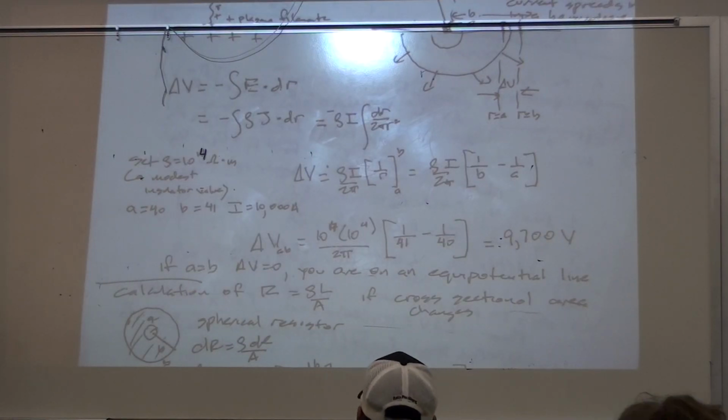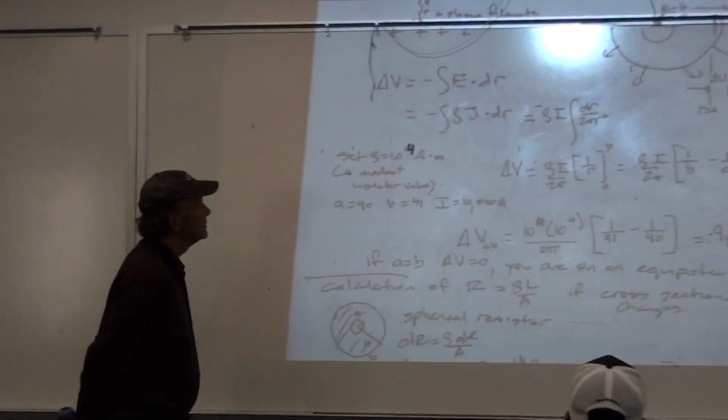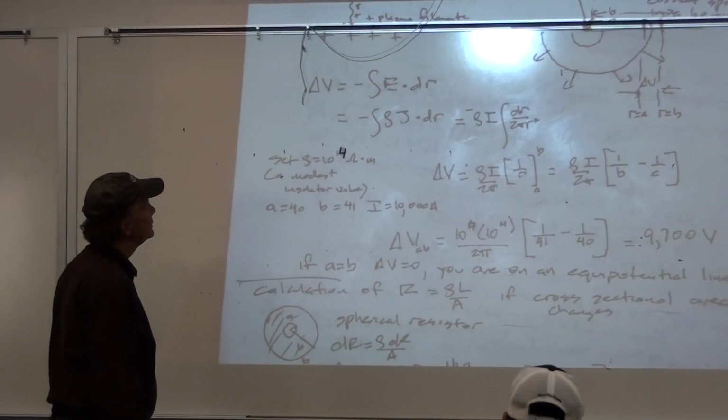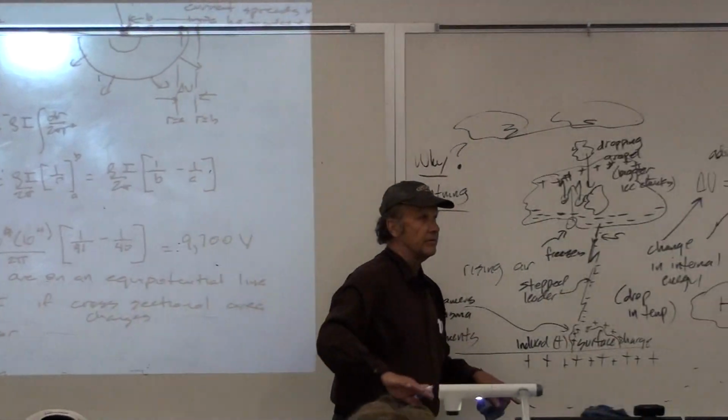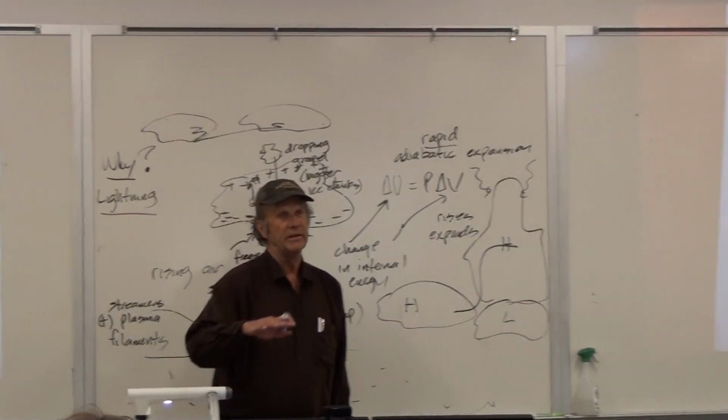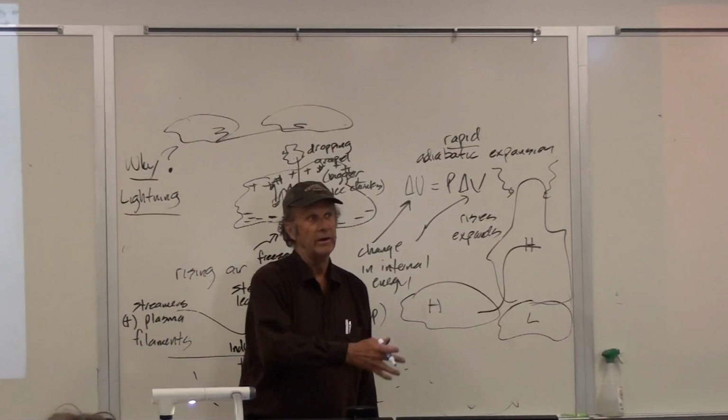And so certainly we're making an assumption here. If the lightning strikes the ground and it moves out uniformly in all directions, the resistivity of the ground will be the same all the way through.